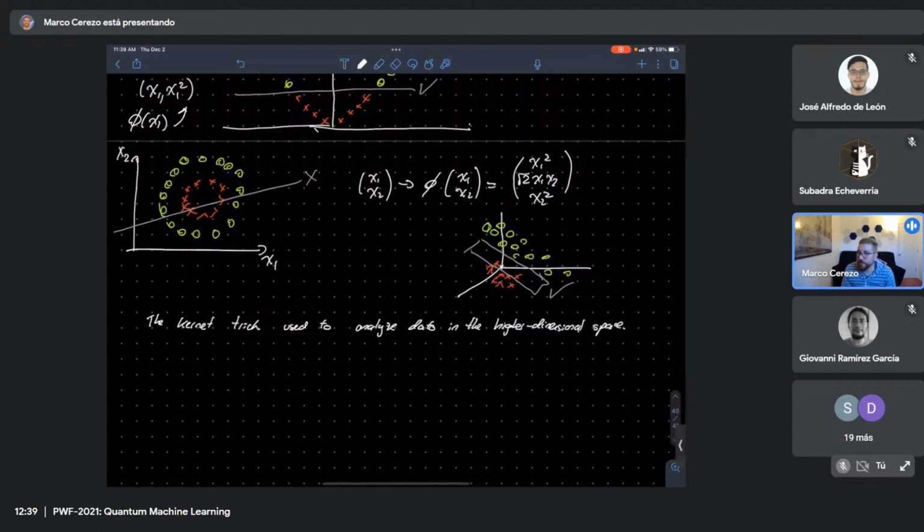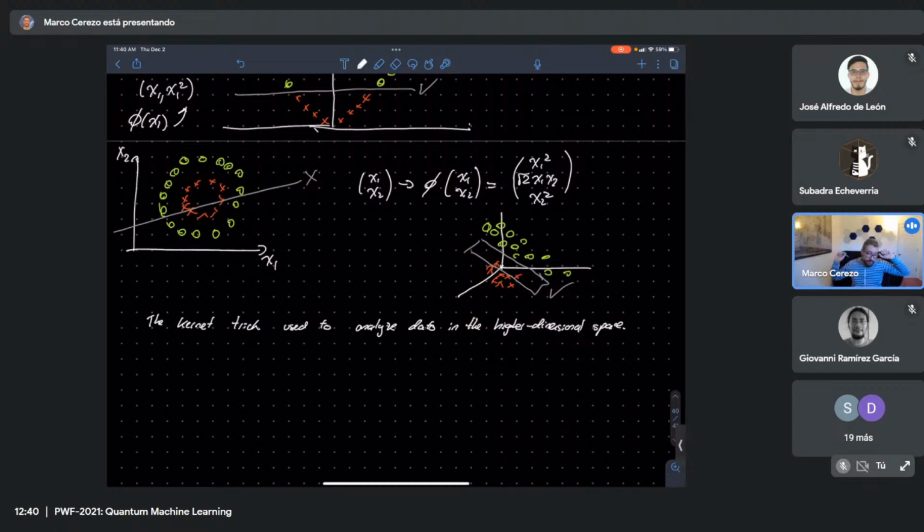But a lot of times, this higher dimensional space could be pretty large, right? Maybe it's not enough just to go to one dimension higher. Maybe we have to go to a much higher dimension. And then we've got ourselves a problem because now we have to deal with data in that higher dimensional space.